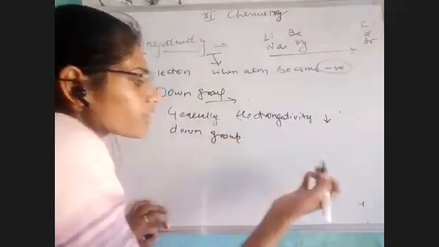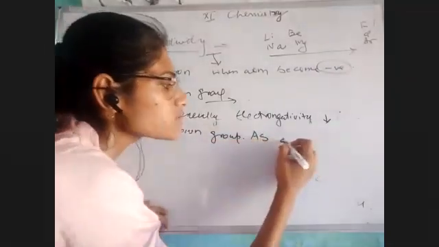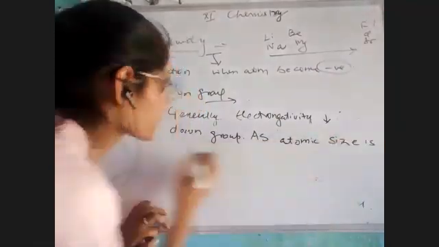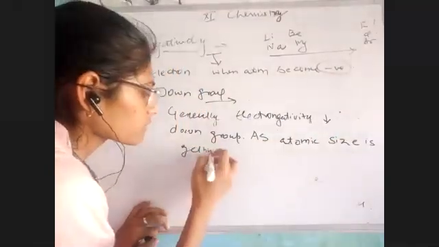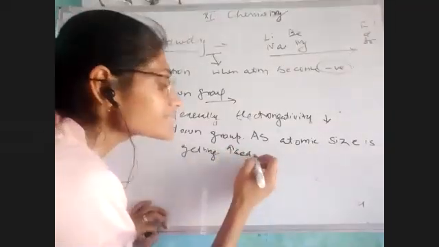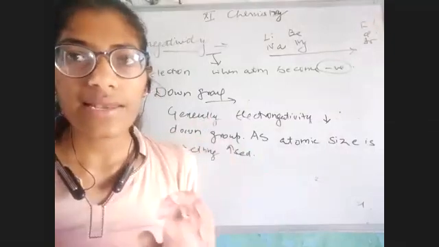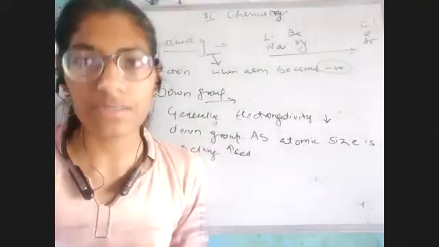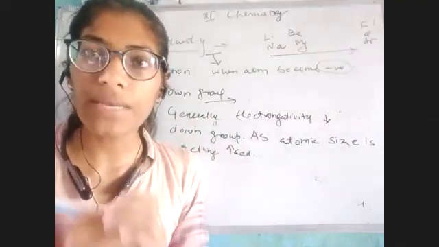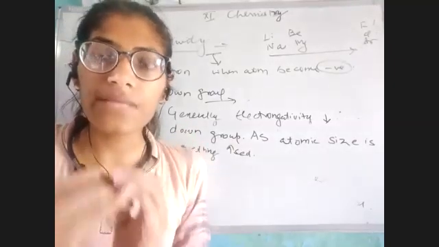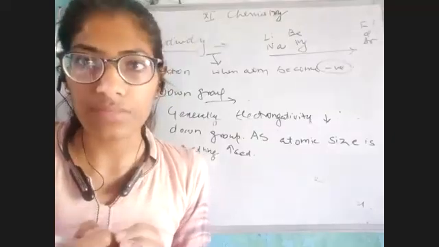And why is it so? We have already told, because atomic size is getting increased. Since the atomic size is getting increased, the nucleus and the electron would share the minimum attraction. And hence, due to minimum attraction, the electron would not be able to keep themselves in close proximity. है ना?